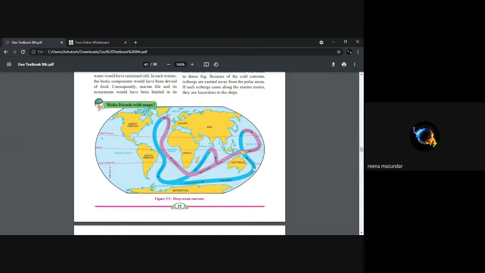Again, it crosses Tropic of Capricorn and comes over here near the equator, Tropic of Cancer. You can see here it becomes warmer. So, warm currents flowing from this side. You see, I'm putting my arrow.